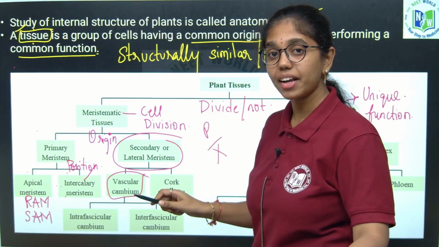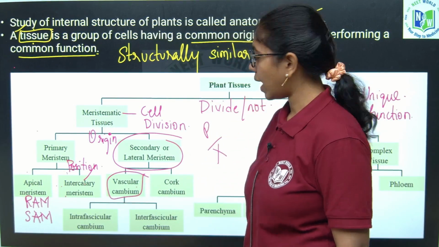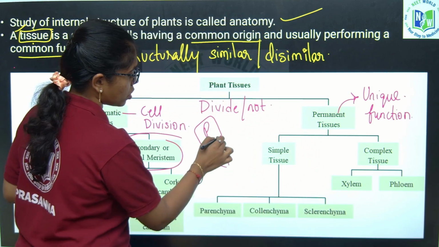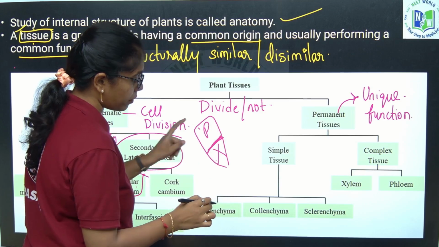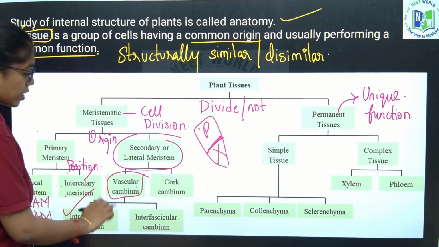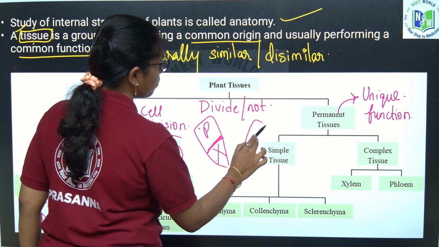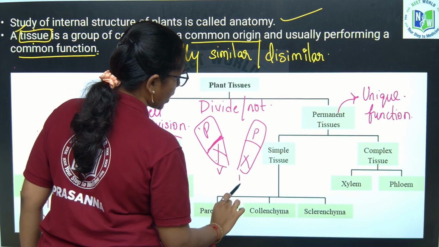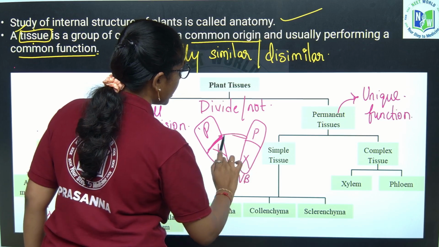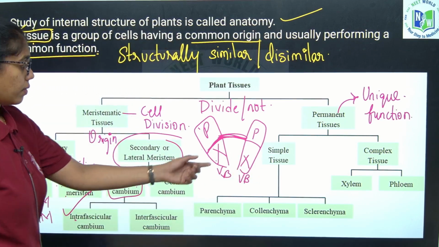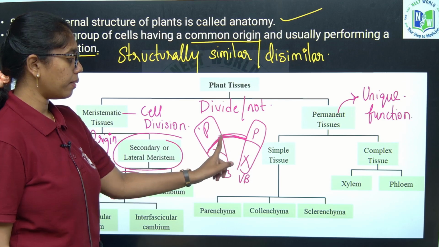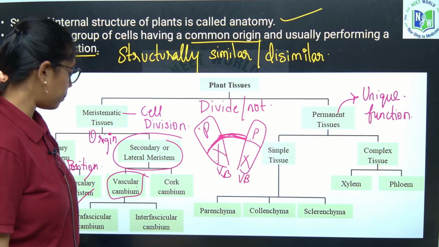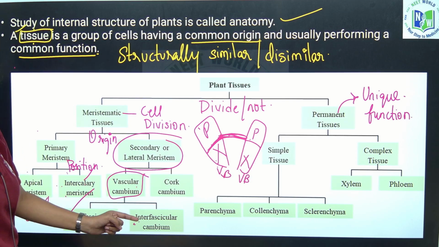The vascular cambium which is present in between xylem and phloem is called intrafascicular cambium, and the vascular cambium which is present in between 2 vascular bundles, connecting to the intrafascicular cambium, is called interfascicular cambium.